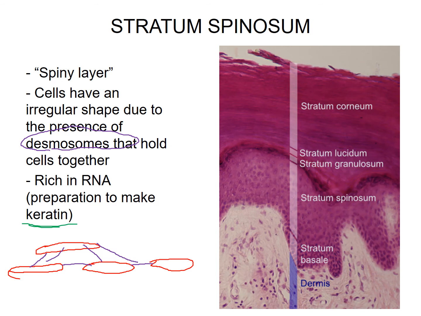And remember the very important role of RNA in our cell chapter. RNA helps us translate that message from a bunch of A, C, G's and U's to the actual amino acids, right? And a bunch of amino acids will make our protein, and that's all keratin is, a protein.